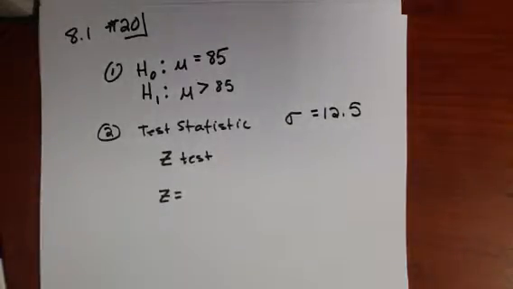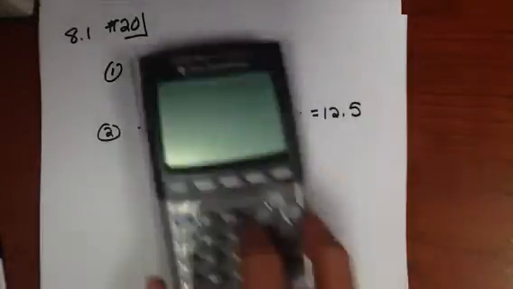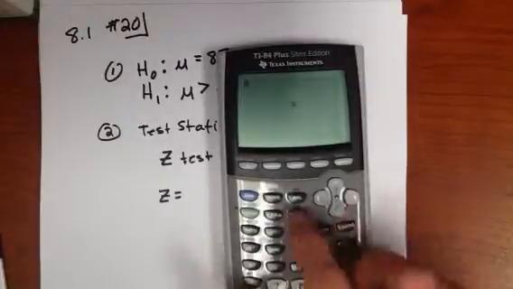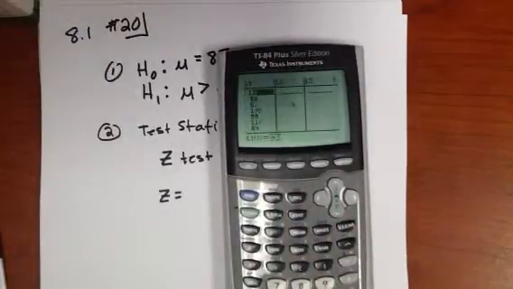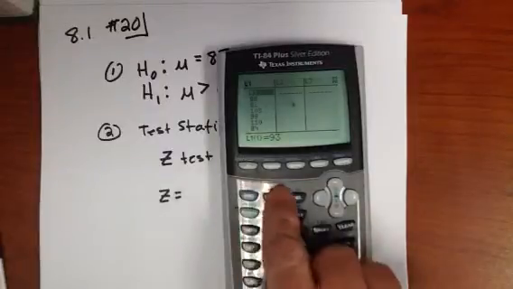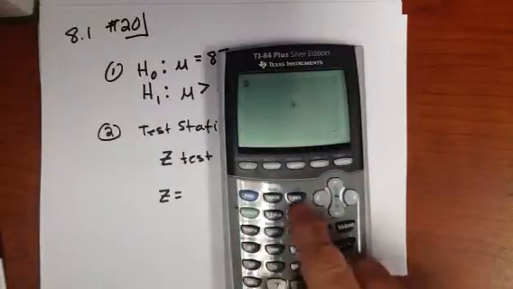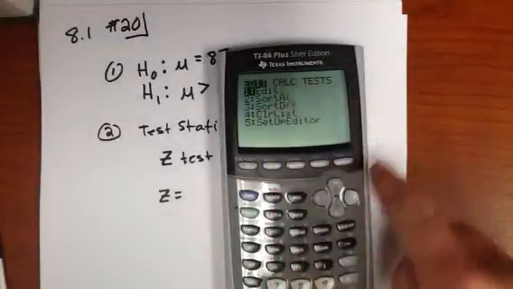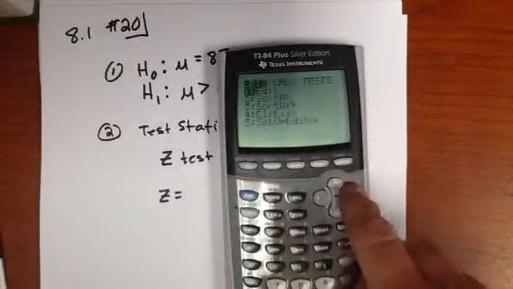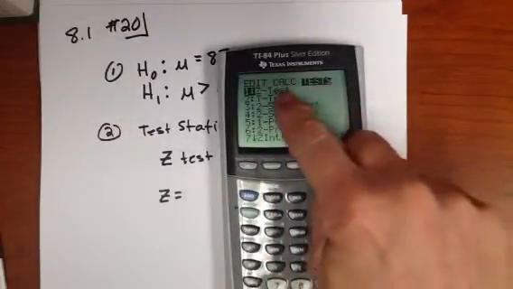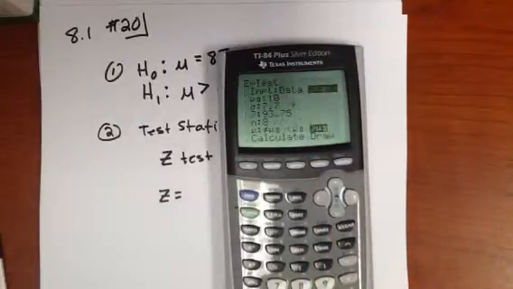So we want to put the data in our calculator, go to stat, edit, and type the values that the problem gave us. You may want to hit pause and type those in. Then we go to stat, over to test, and on z-test, we hit enter.